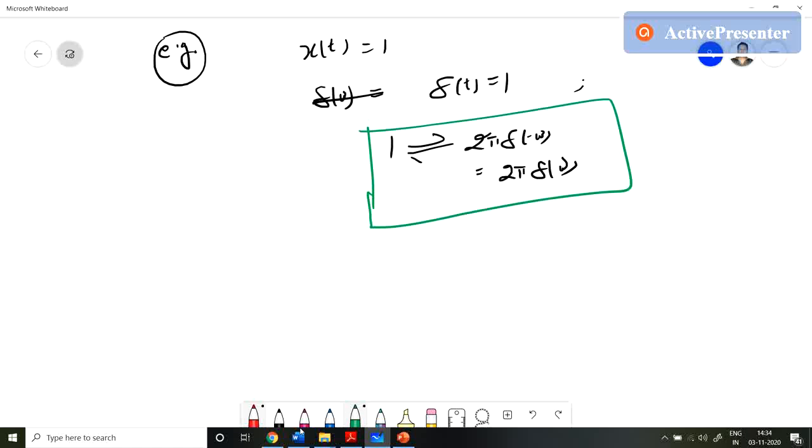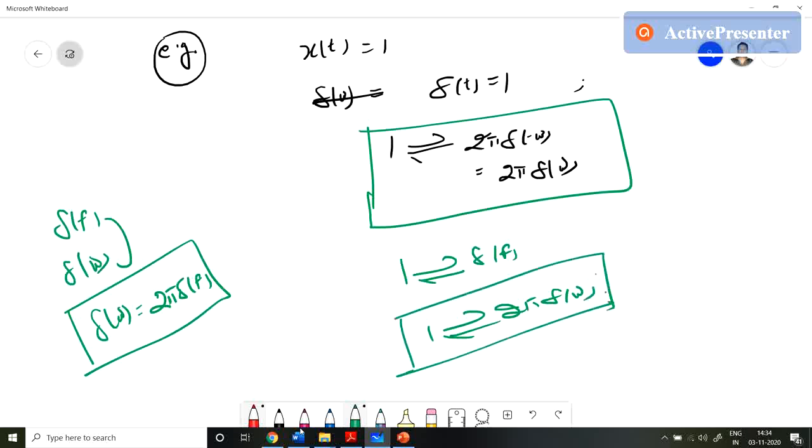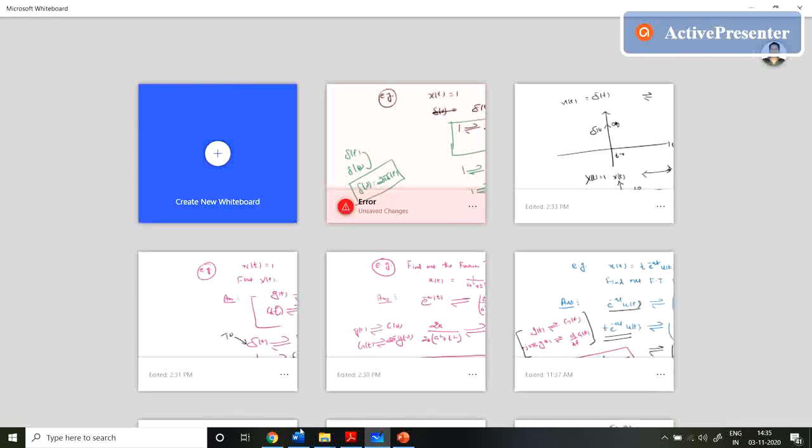What is the relation between delta(f) and delta(omega)? Delta(omega) equals 2 pi delta(f). Here the Fourier transform of 1 is delta(f); if we want to convert into omega, we can write 2 pi delta(omega). That is also correct in terms of omega. This is the relation between delta(f) and delta(omega).